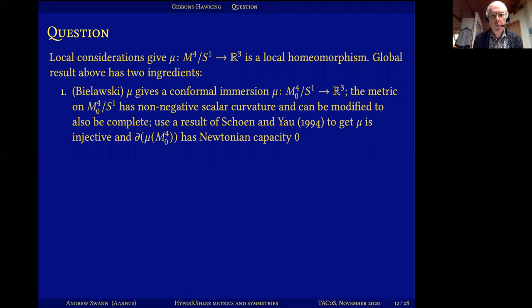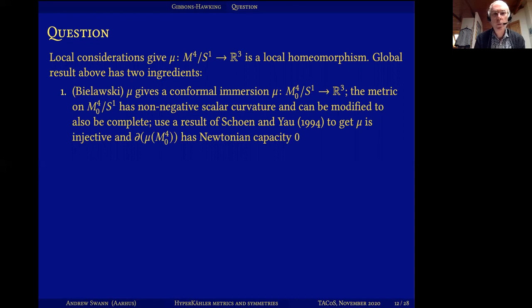So we've thrown away the fixed points, but you can adjust the geometry around the fixed points and still preserve this conformally flat property and the non-negative scalar curvature to get a complete metric. And then there's a rather deep result of Schoen and Yau you can apply to deduce that mu is actually an injective map.